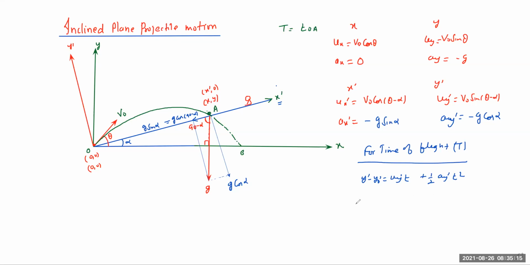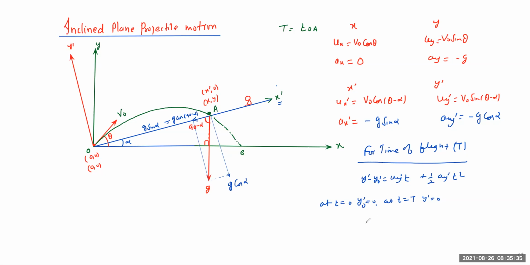So we know that at t equals 0, y dash is 0. At t equals time of flight, y dash is again 0, which means y naught dash is 0 and y dash is 0. So you can substitute.